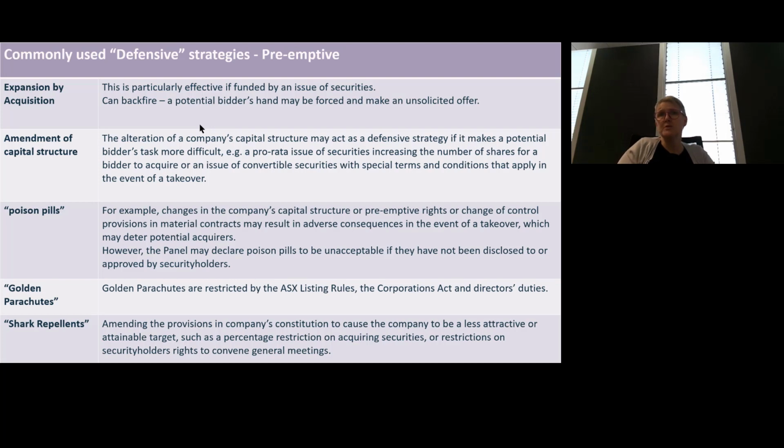One that is much more common and can be defensive from the point of view of management staff in particular are golden parachute rules.